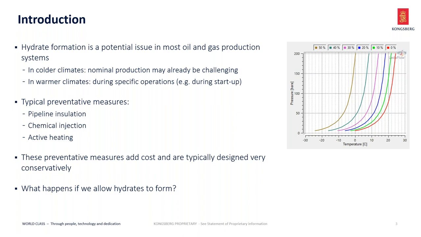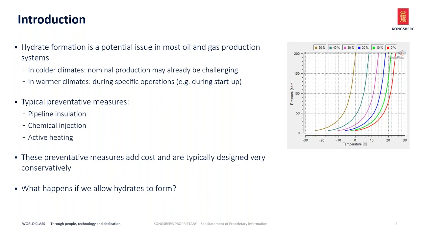Typical preventative measures for hydrate prevention are pipeline insulation, chemical injection, which includes mainly glycol injection, and also active heating of the pipeline.